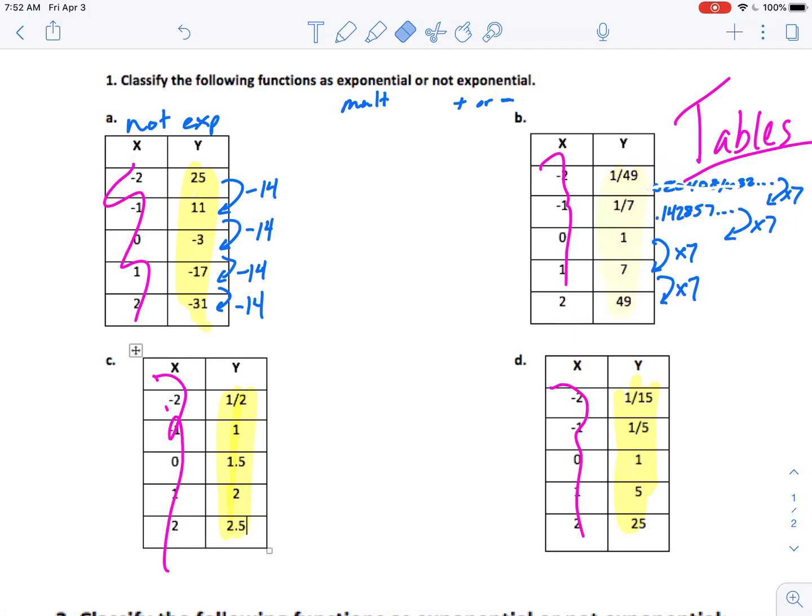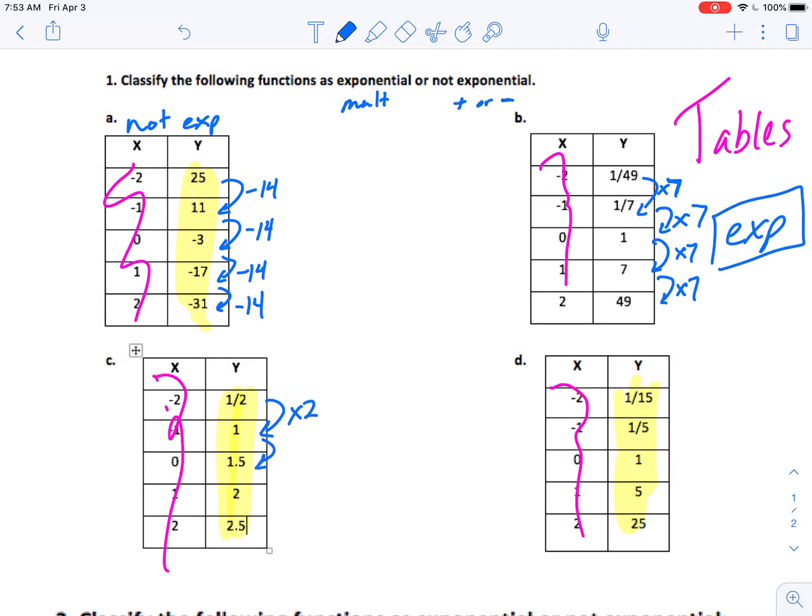But then I'll just multiply that by 7 to see if I get 1. And if you type that into your calculator, you would end up getting 1. So what have we seen here? This has just shown me that if I multiply any number in this table times 7, I get the next number in the y column. So since I'm multiplying by the same number every time, this is an exponential function.